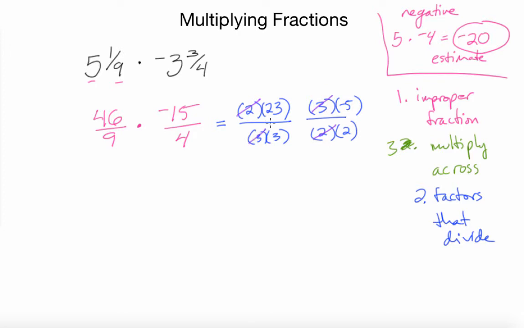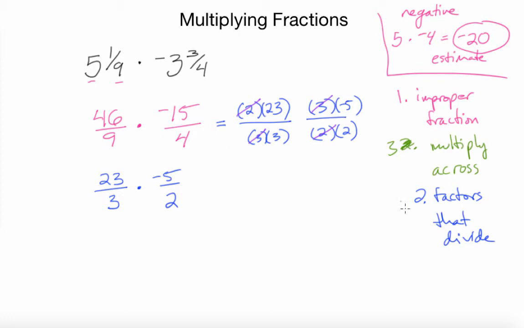So you don't necessarily have to do it in this step, but some people really like jumping in and simplifying things right here because now I've changed the problem into 23 thirds times -5/2. That's a little bit easier of a problem to manage and work with and think about, right? I can do some of these numbers in my head even.